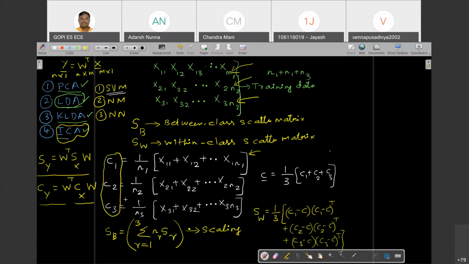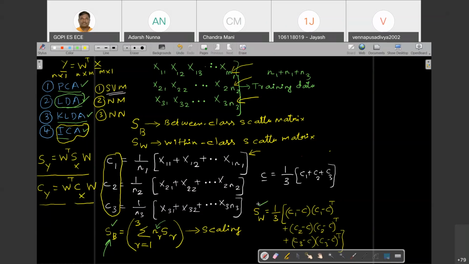There are variations available for computing the between class scatter matrix, based on normalization and scaling, proposed in the literature. In this course, of course, we will fix the between class scatter matrix like this, SB, and then SW for the within class scatter matrix.